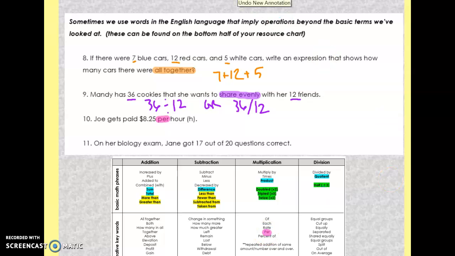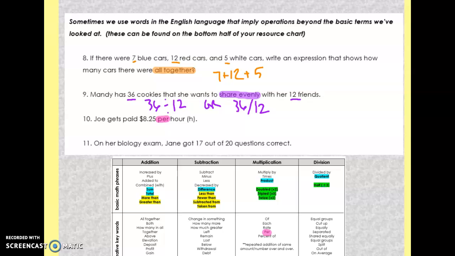And the reason being is that if you were Joe and you're going to get paid $8.25 per hour, if you work 2 hours, you're going to make $8.25 plus $8.25, right? So sometimes people think it's addition, but it depends on how many hours he works. If he works 12, you're not going to go in your calculator and type 8.25 plus 8.25 and so on.